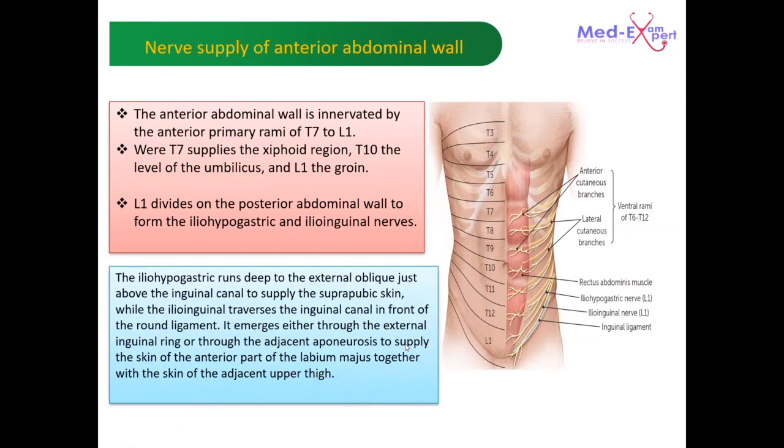Okay, the Ilio Hypogastric runs deep to the external oblique, just above the inguinal canal, to supply the suprapubic skin. While the Ilio Inguinal traverses the inguinal canal in front of the round ligament.